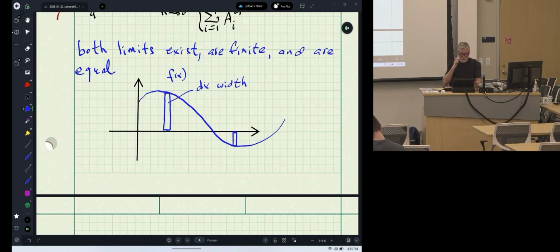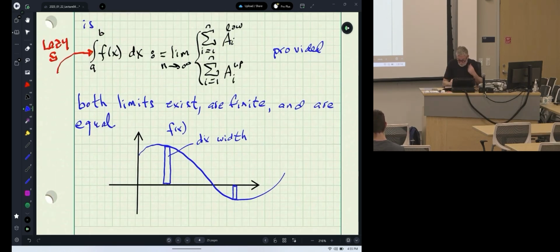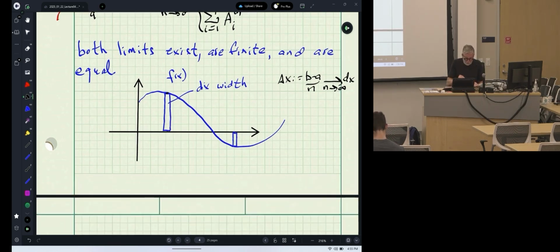And the dx in the definition of the limit is really delta x, which is (b minus a) over n, and that goes to dx as n goes to infinity. So dx is an infinitesimal width. When the width is infinitesimal, the max and the min are the same. They occur at f of x. And we add all those up, and that's the notion of the integral.